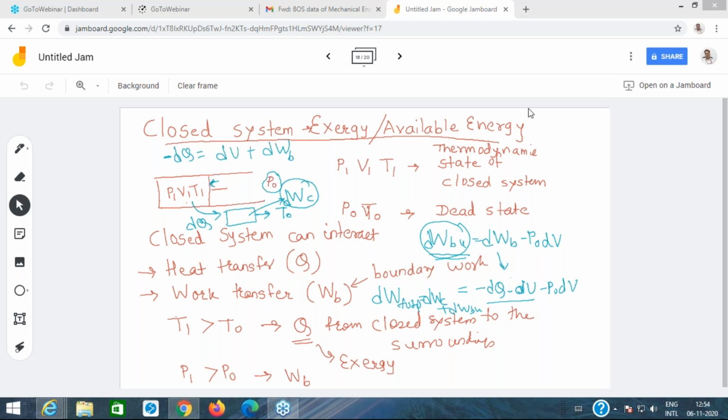So as you see on the screen, I will be revising the concepts which we had discussed in the last lecture. What we had discussed was the calculation of available energy of a closed system.